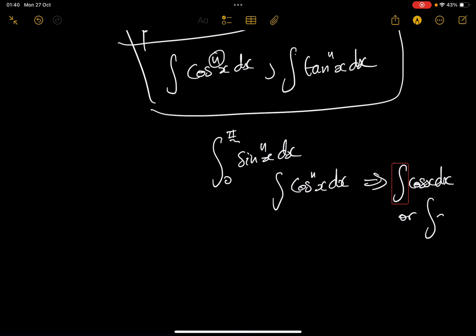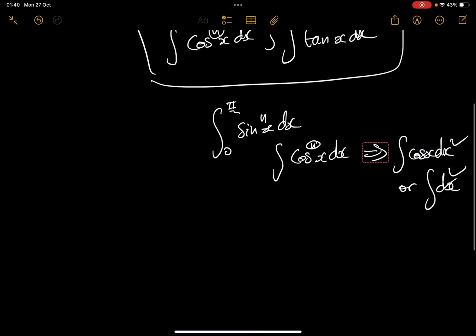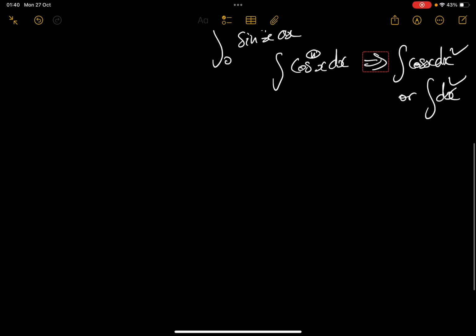We can evaluate this, but we cannot directly evaluate cos raised to the power n, especially when n is greater than 1. There are formulas called reduction formulas that can help us solve questions like this. They can help you evaluate even an expression like cos^10 x dx with ease, without the need to use identities and expand everything.